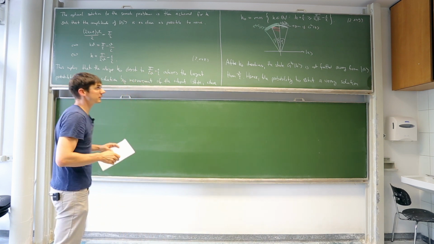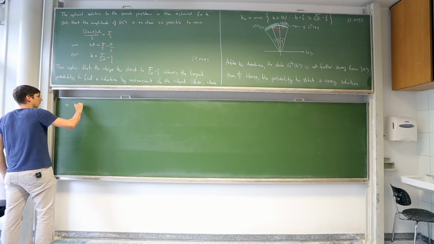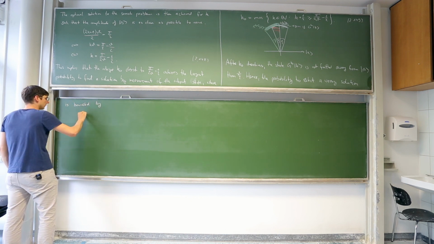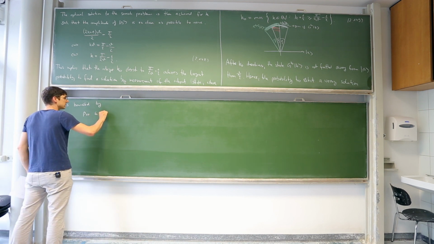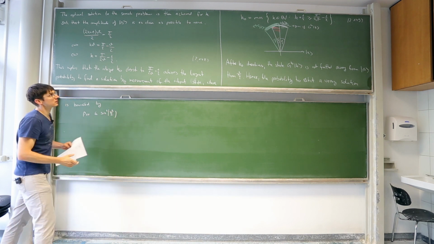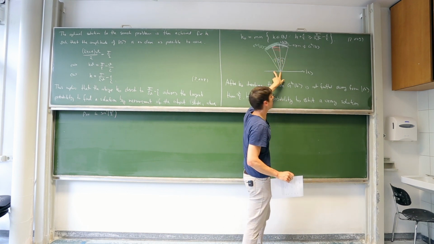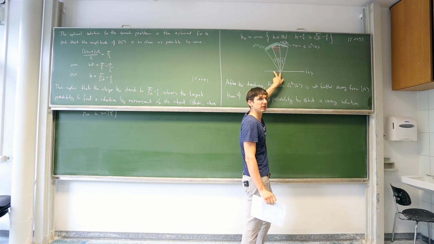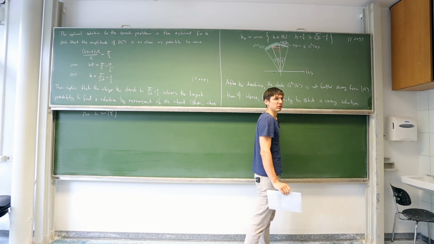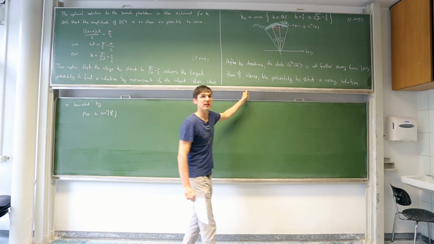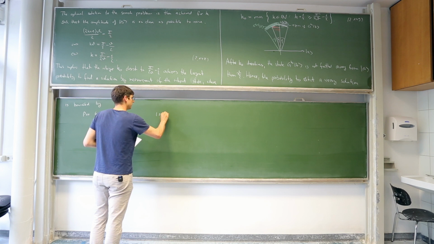Hence, the probability to detect a wrong solution, let's call this error, is smaller or equal to sine squared of theta half. So this one here gives us a projection on alpha, and the modulus squared thereof gives us the probability that we find some state in this superposition alpha, so meaning that this gives us an upper bound, right? So this is equation 150.